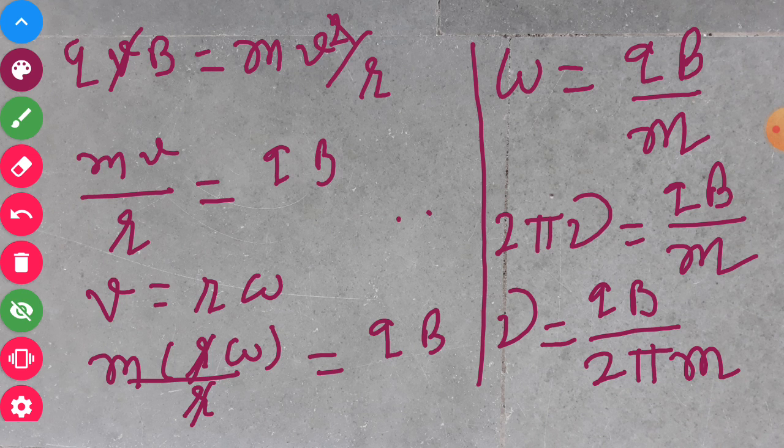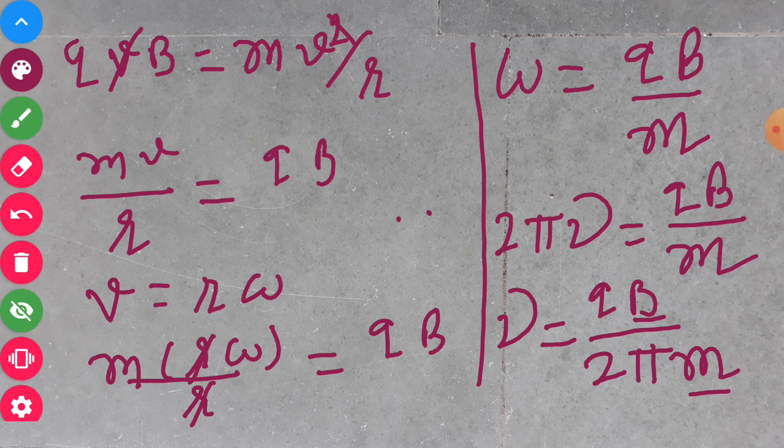Now all these values are there. Q is known to us, that is the charge of the electron, which is 1.6 into 10 raised to minus 19 coulomb. So this can be calculated easily. B is also given to us. B is 6.5 Gauss, so it is 6.5 into 10 to the power minus 4 Tesla.